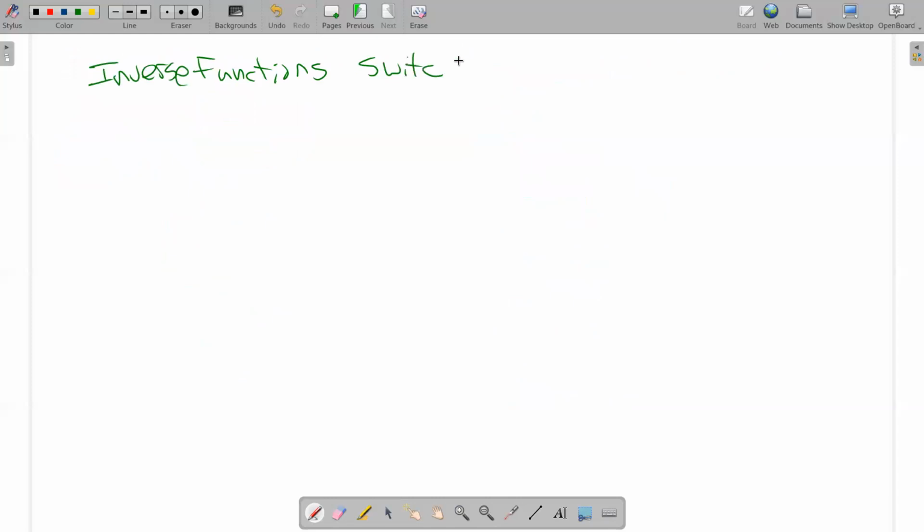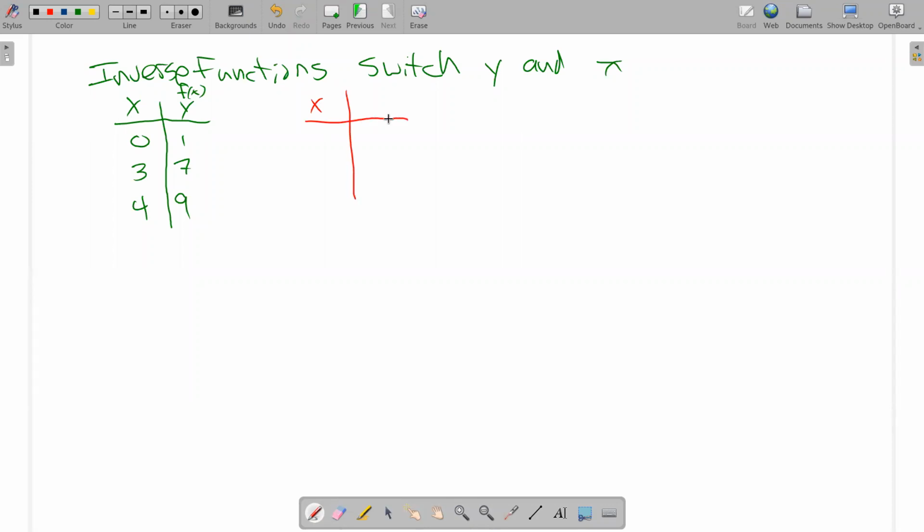Right, that was that first step in the procedure for calculating the formula. So if we had a function with a table of values, x, y, so this is f of x here, and I knew that, say, if x was 0, y was 1, and if x was 3, y was 7, and if x was 4, y was 9, then for the inverse function we just switch that table for f inverse.